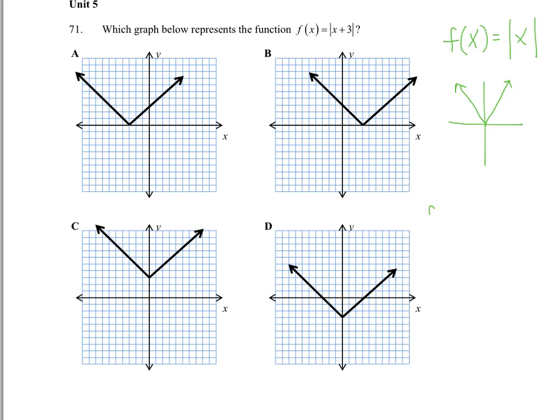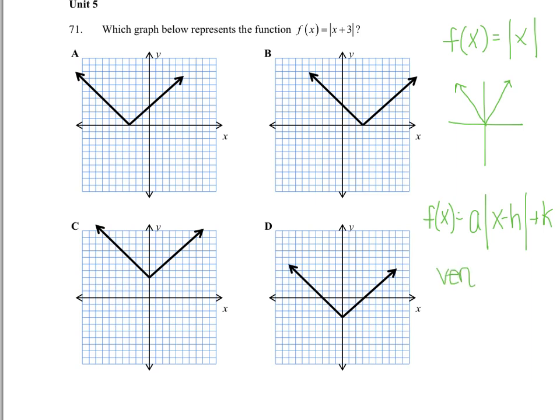So our absolute value function in general would be a times the absolute value of x minus h plus k. So this is our horizontal translation, and it's always the opposite.